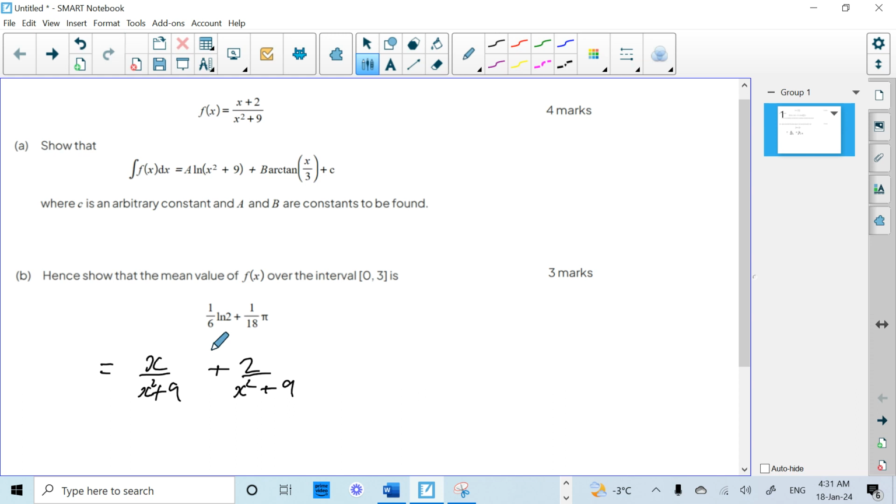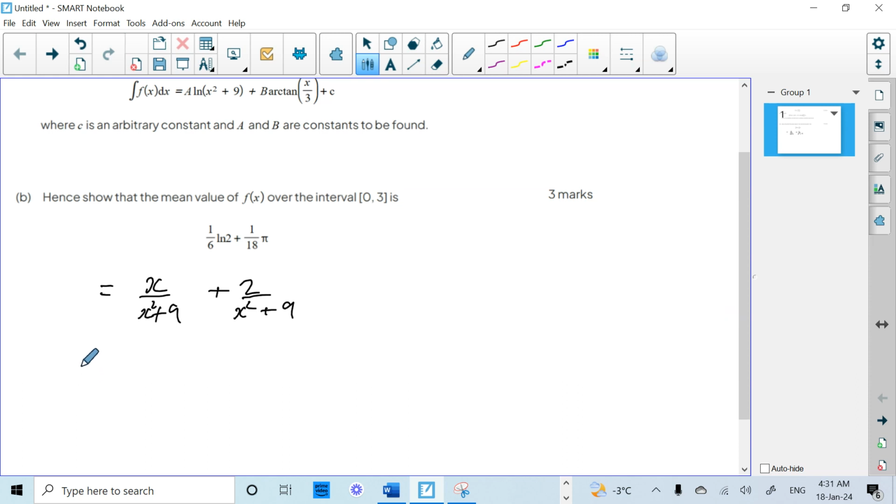Now I'm going to integrate, of course, each part. So I've got the integral of x over x squared plus 9 dx, which is equal to k log of x squared plus 9 plus c.